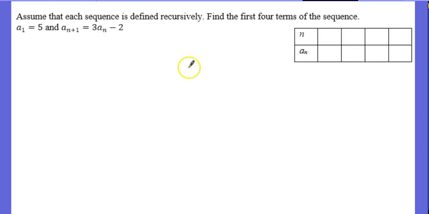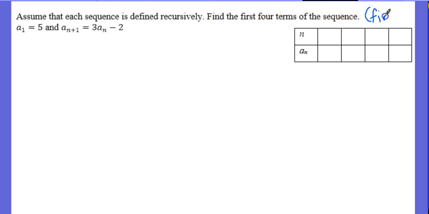Okay, so here we have some information. It says, assume that each sequence is defined recursively, building on itself over and over again by the same rule. So we get to assume. Find the first 4 terms of that sequence.